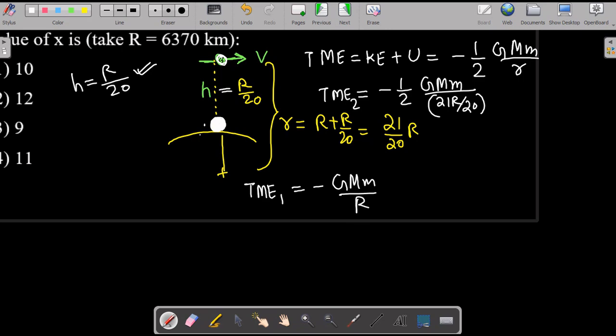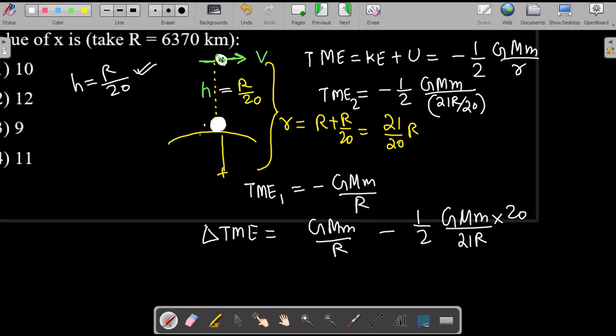Now take the change of potential energy or total mechanical energy. Okay, so final minus initial, the change of total mechanical energy. So this will become GMm by R minus half GMm by 21R by 20. This becomes 10.